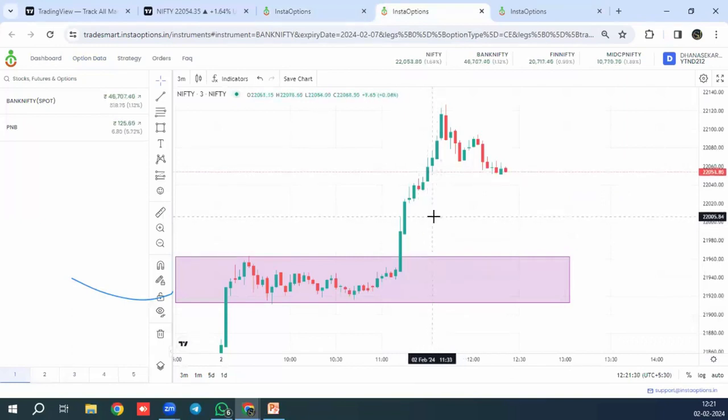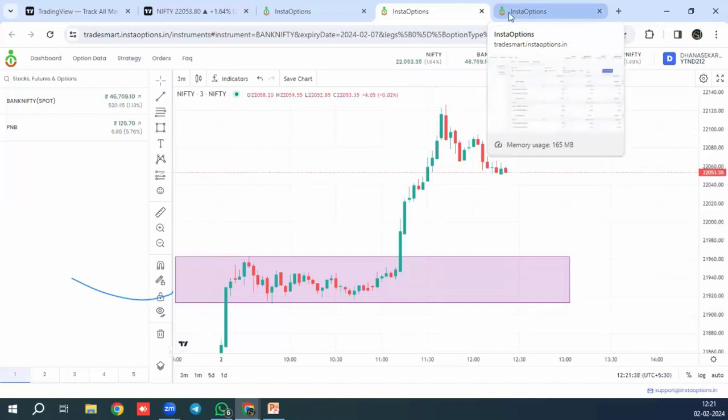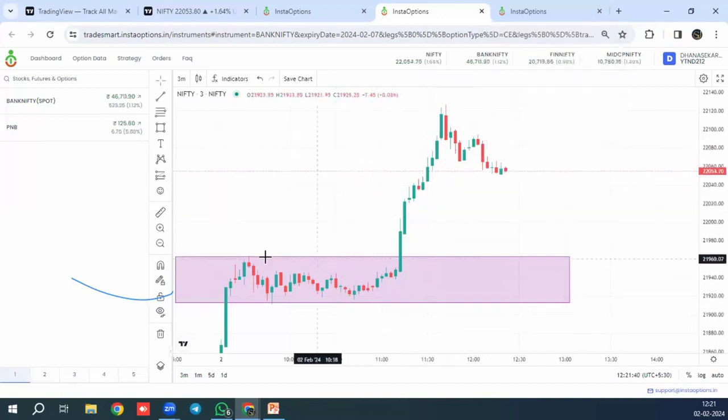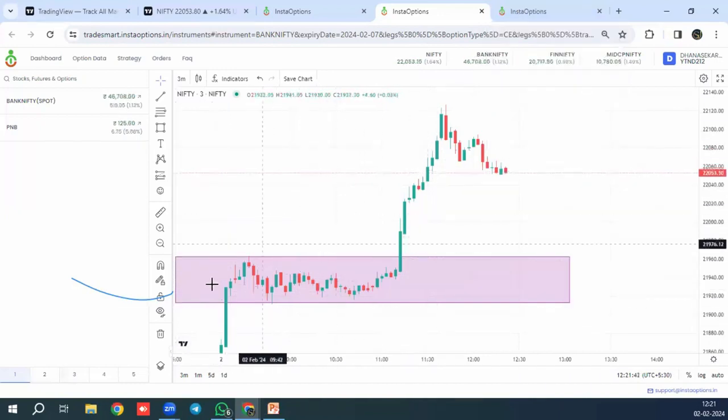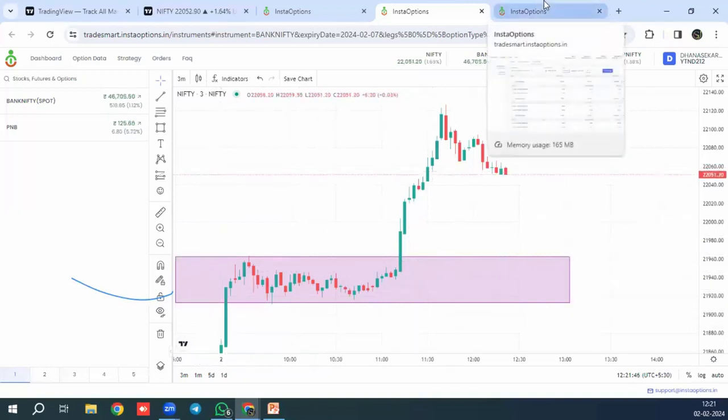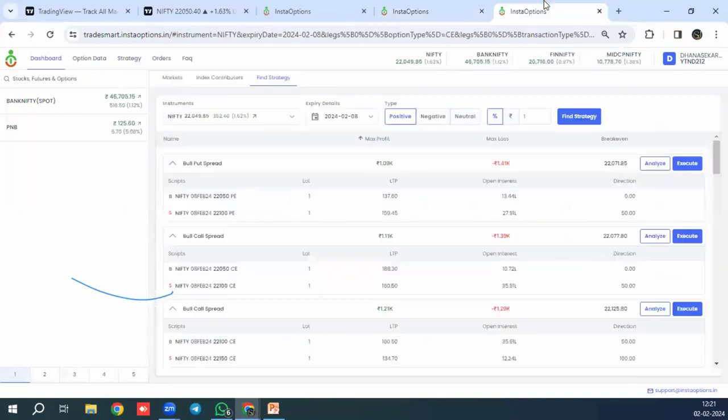Yeah. At this point, there was a crossover because I've already changed the strike to 22,050, right? So initially, when market was at these levels, you might have found a crossover at 21,800 or 21,900 strikes also. Okay.